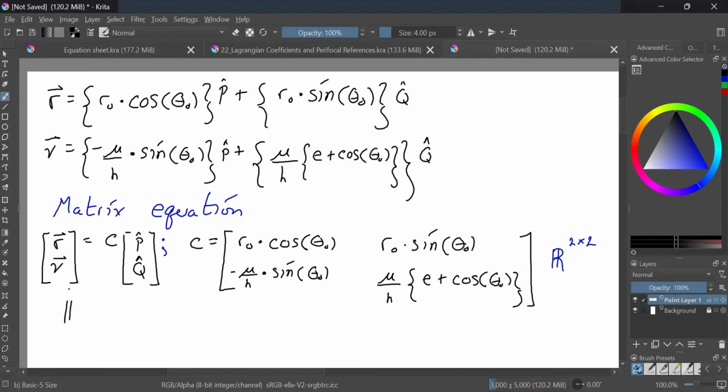You can also do it for scalars. That's just going to be the fancy R of 1 times 1.